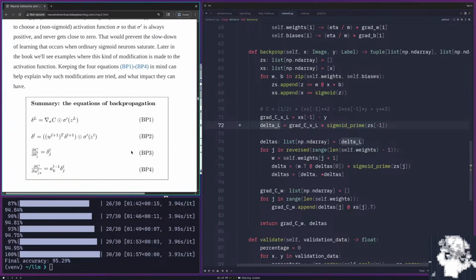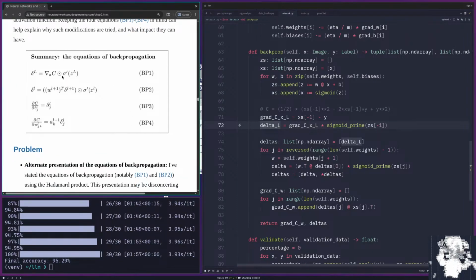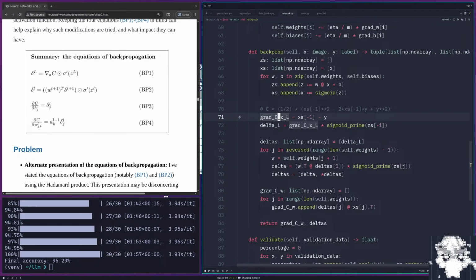Now let me go up to the equations. So yes, grad A of C is this thing. Hadamard product sigmoid prime of the last Z is the last delta.